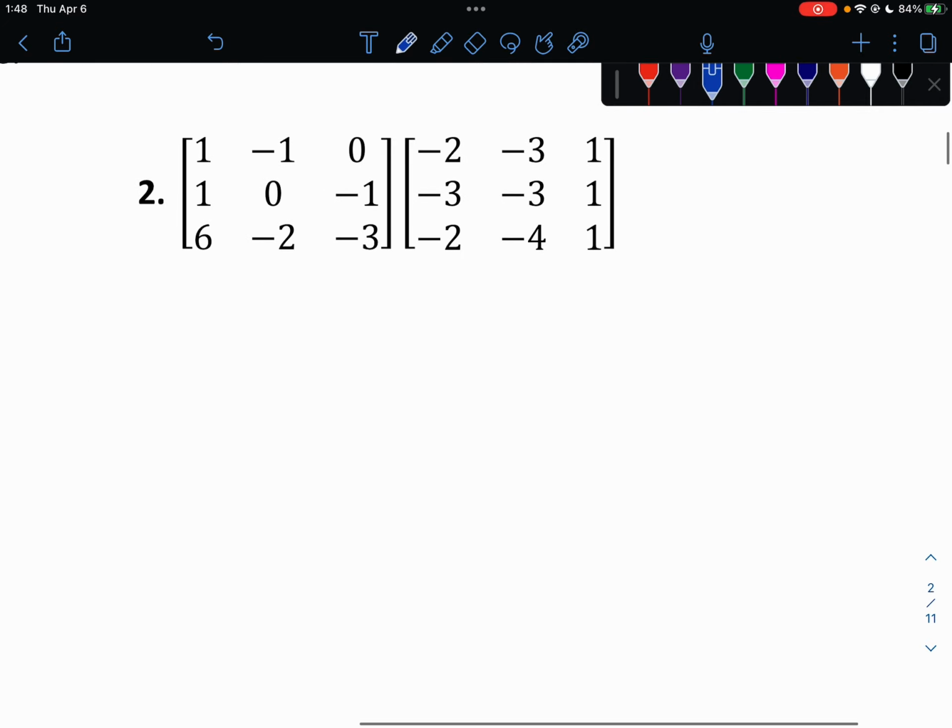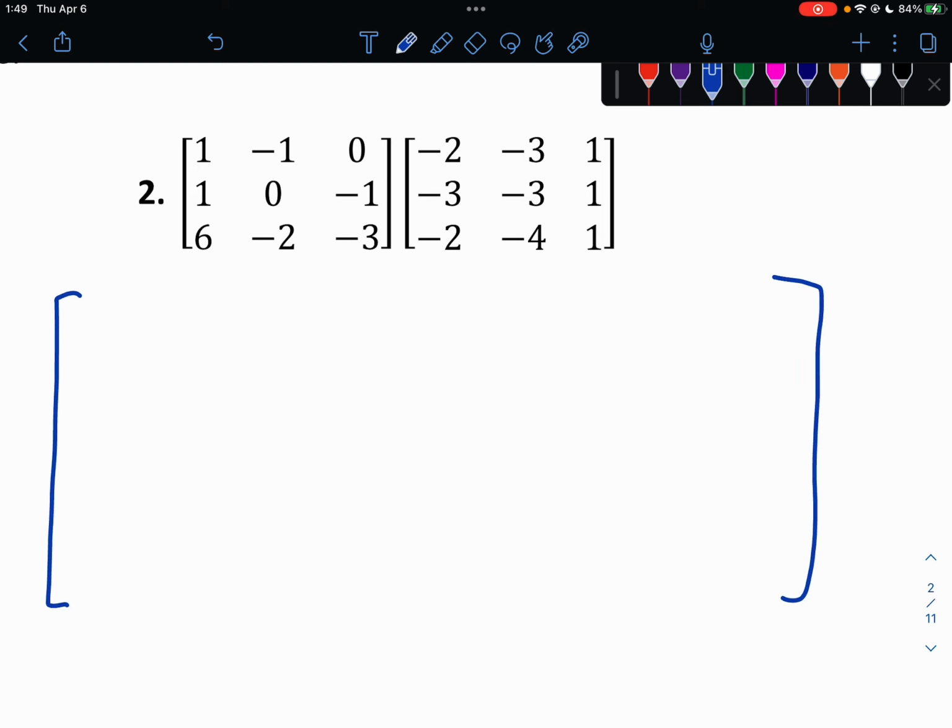3 by 3 and 3 by 3 will give us a 3 by 3 back. So we're going to get -3 plus 3 plus 0, 1 minus 1 plus 0.